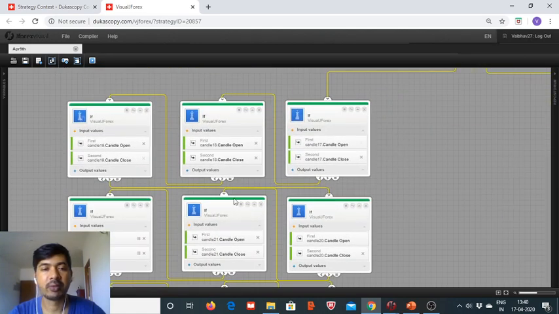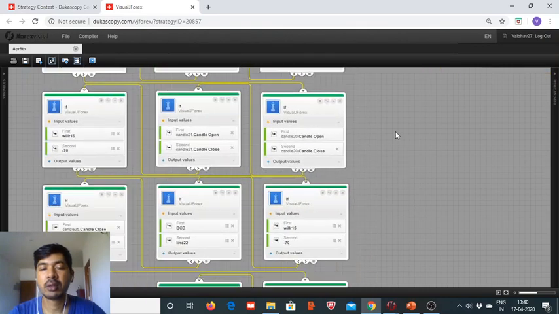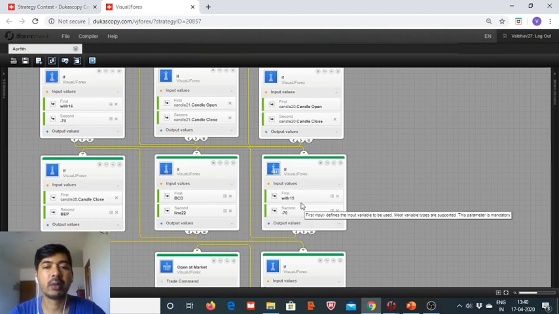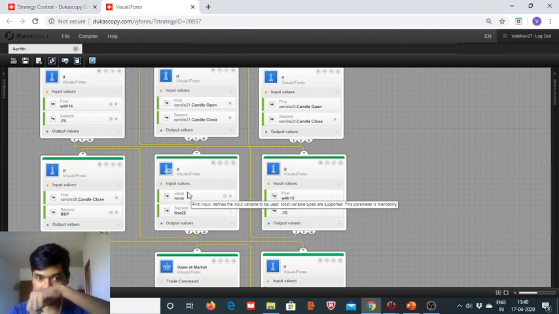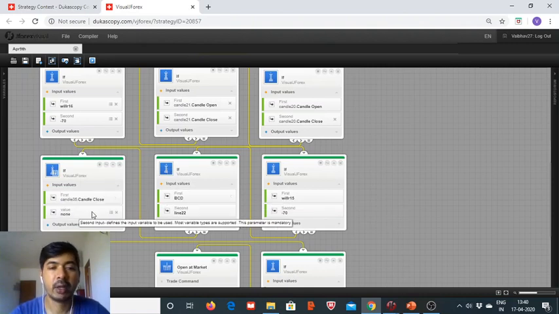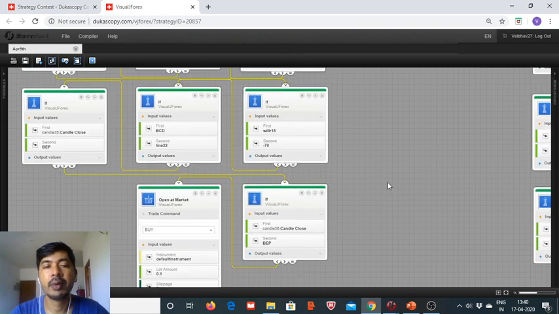Then here we have defined these candle open and candle closing conditions. So we will not go into the details. Then we got this Williams %R condition. Then the buy candle difference is needed to be more than 100% of the ATR, and then we simply look at the price action.